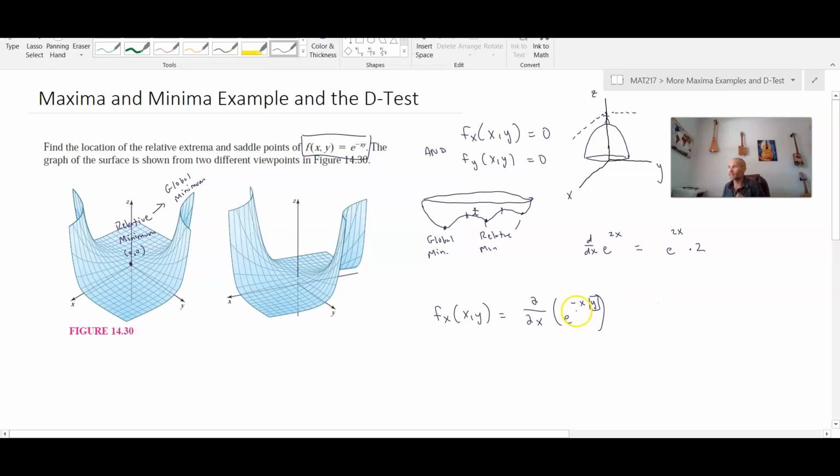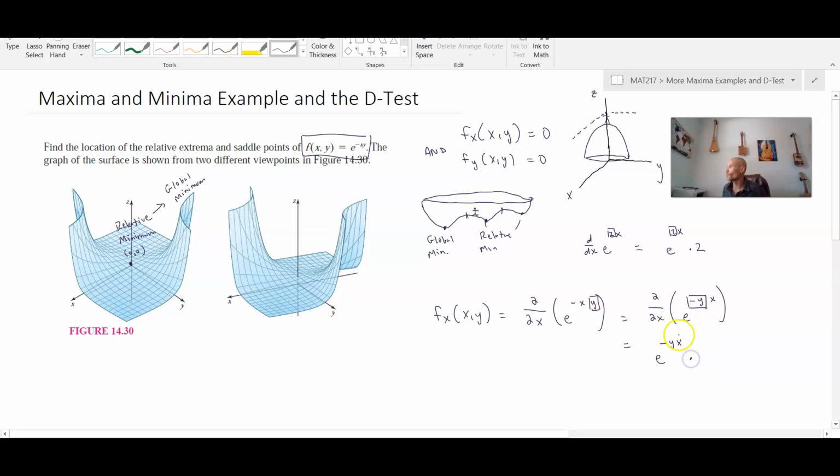We're only looking at how does this function change when we change x. So y is acting like the 2 here. And so if we read this as the derivative with respect to x of e to the negative yx, and we think about this as our constant coefficient, then its derivative will still be e to the stuff.